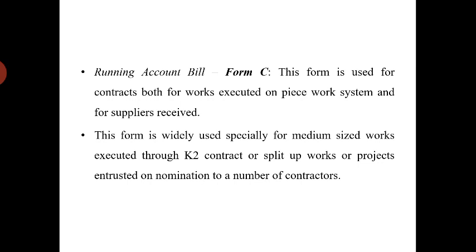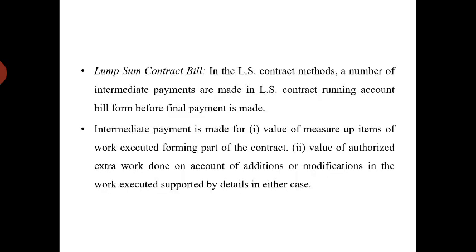If it is 1 crore and the company is big, like L&T or Shobha Developers, they will provide both form A and form C. Of course, this can be used for a split of works as well as for full completion of the works.